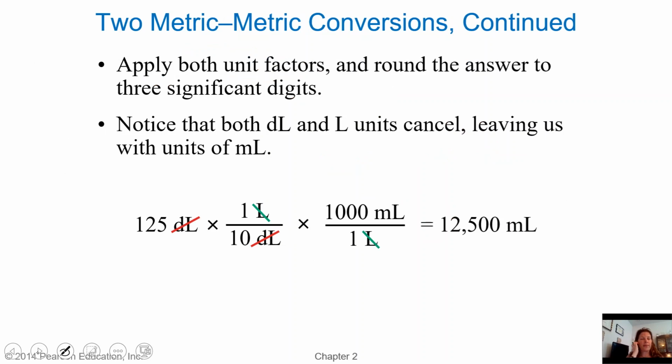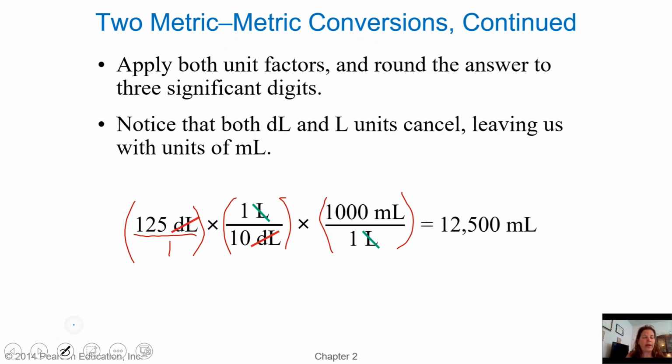So here's what it looks like. Again, I like to put this over 1, so it looks like we're multiplying 3 fractions together. Here's fraction 1, fraction 2, fraction 3. And what this does is it allows units to cancel. You can see that deciliters are opposite of each other in the fraction, so they would cancel. Liters are opposite each other, so they will cancel.